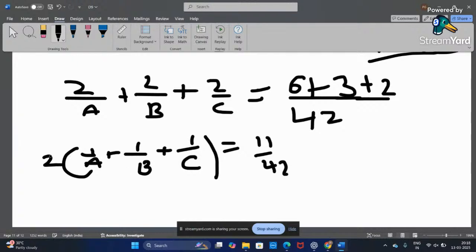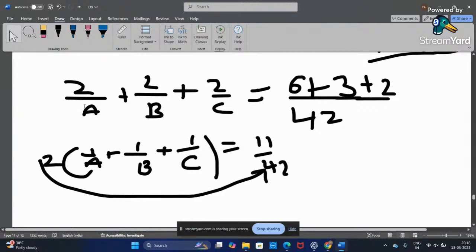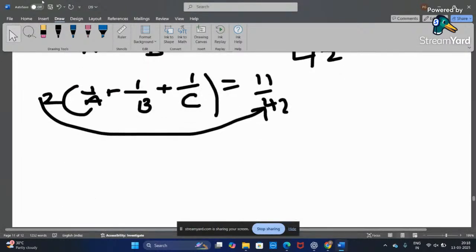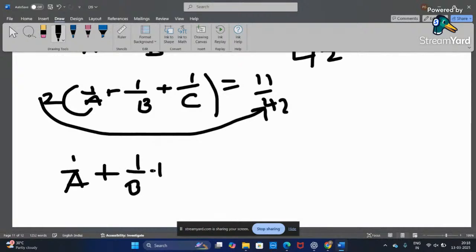In the next step we have to multiply this 2 with the right side denominator. So 1 by A plus 1 by B plus 1 by C is 11 by 84.